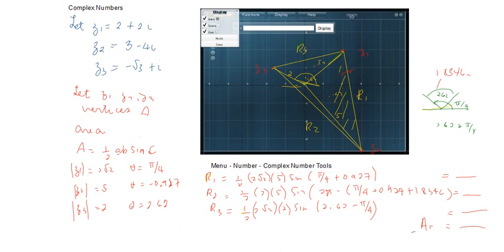Okay, what's the other thing that could be asked that is similar to this? Instead of giving this, I might give you a polynomial. Let me erase this now.